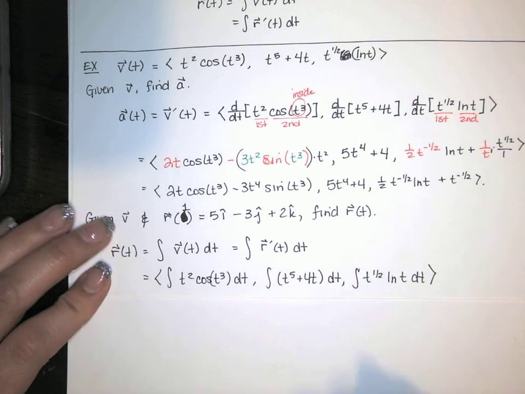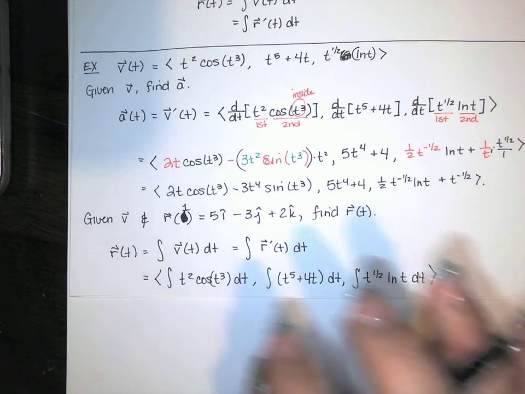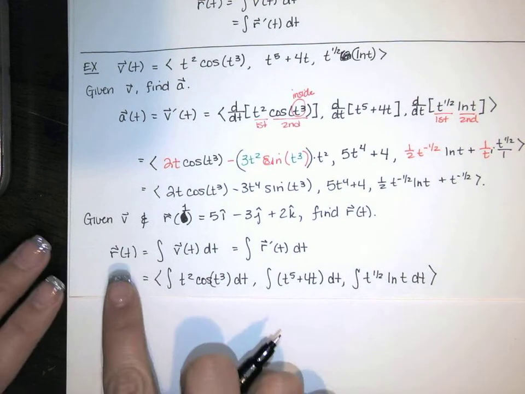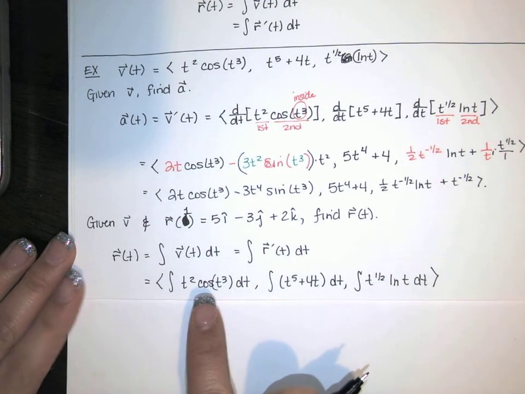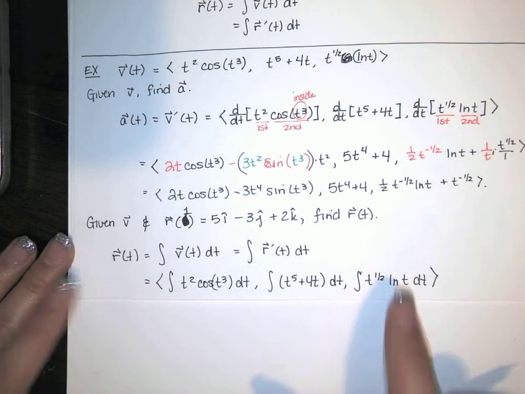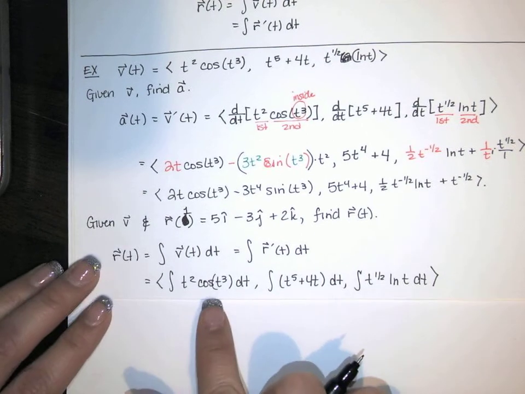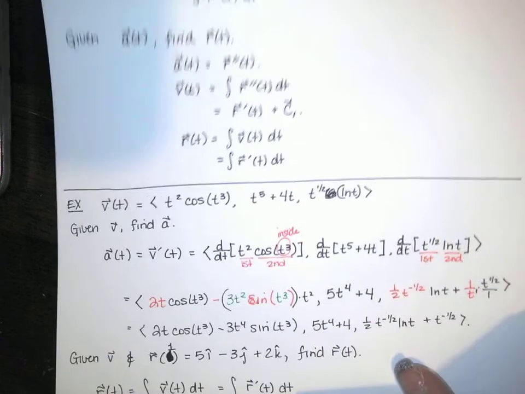We need to remember how to do U substitution, basic rules, integration by parts, and all of that. Especially as we're getting you guys ready for differential equations next semester. So r of t is equal to this. Now I want to anti-differentiate this one, and this one. I don't want to do that inline. I think I'm just going to do them separately. So I'll anti-differentiate the x component first.